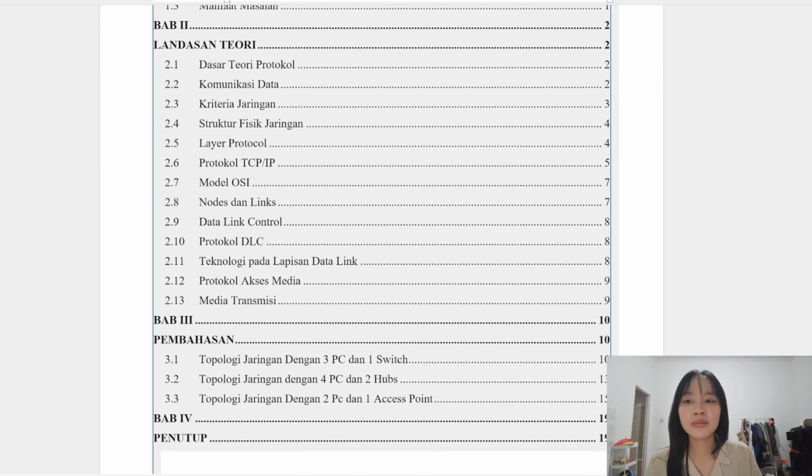There are theoretical basis of the protocol, data communication, network criteria, physical network structure, protocol layer, TCP/IP protocol, OSI model, nodes and link, data link control, DLC protocol, technology and the data link layer, media access protocol, and the last one is transmission media. And also we don't forget to talk about the practicum that we have already done.